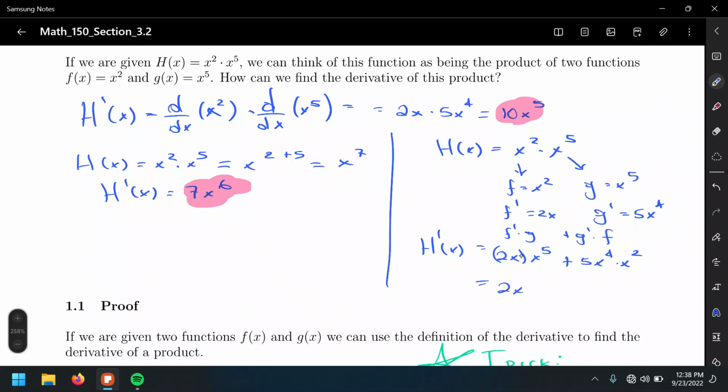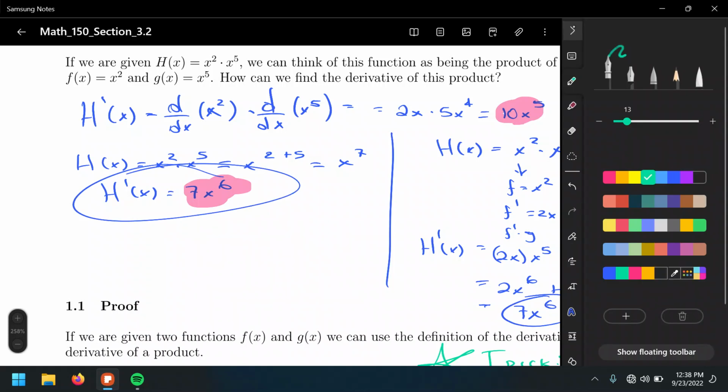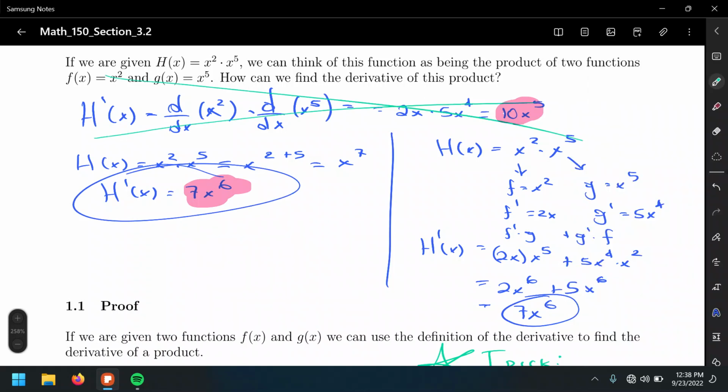That's going to be 2x times x to the fifth: isn't that 2x to the sixth? Plus 5 x to the fourth times x to the second. Same base, we add the exponents: 4 plus 2, x to the sixth. But well, we have like terms. 2 plus 5, 7x to the sixth. Doesn't that match this result? And in fact, this proves that this is wrong.